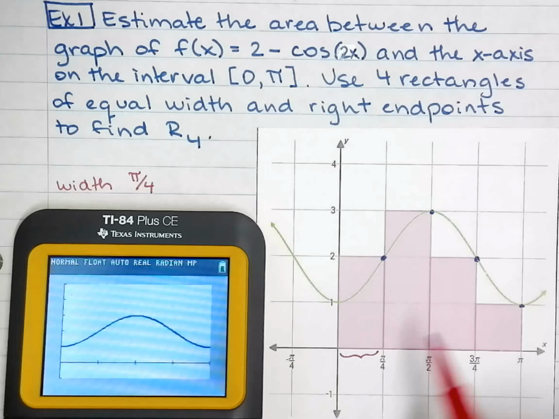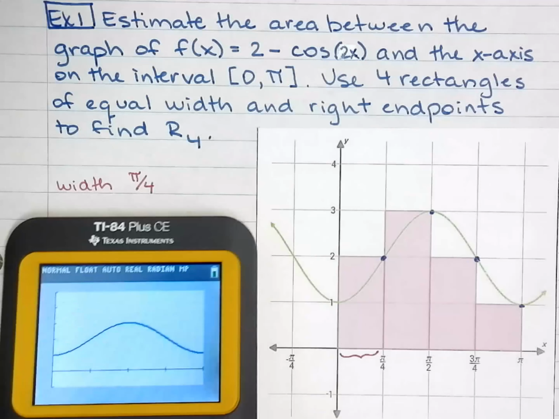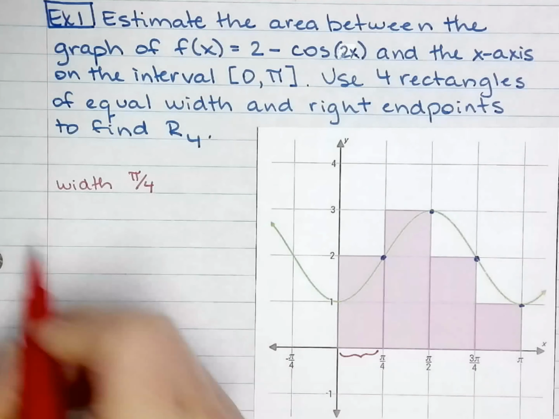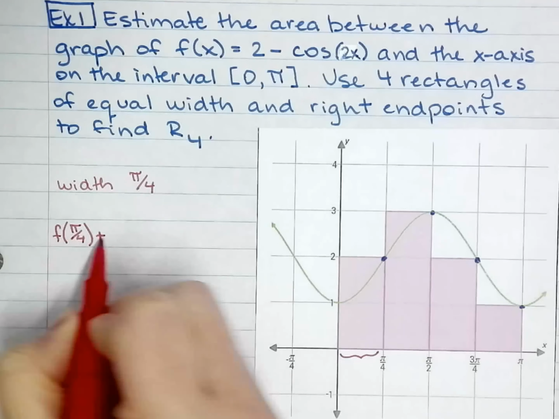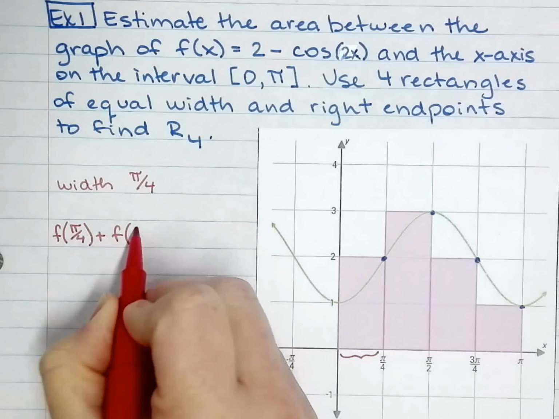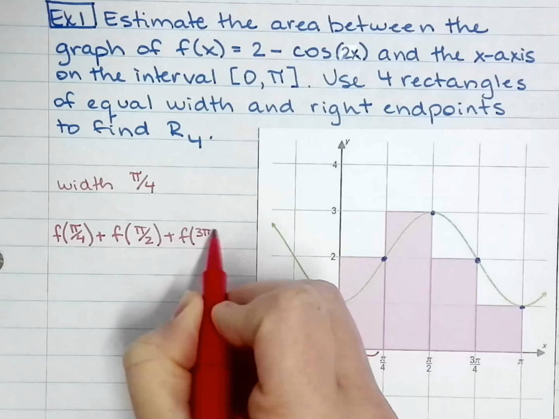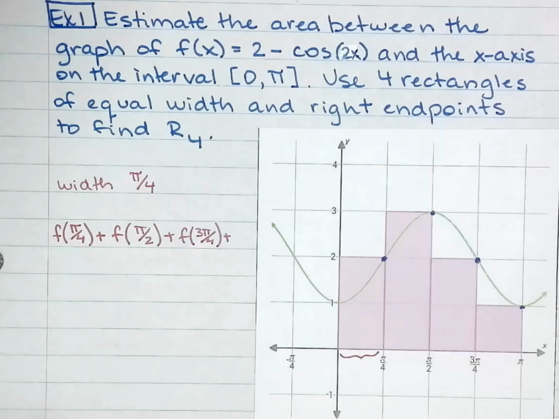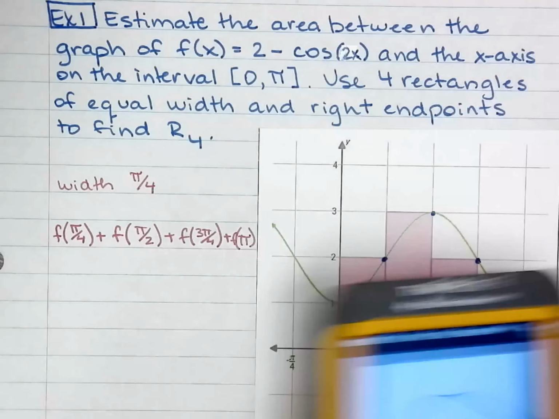Okay, now I need to find these points right there. So I'm going to keep track of f of pi over 4, f of pi over 2, f of 3 pi over 4, and f of pi.